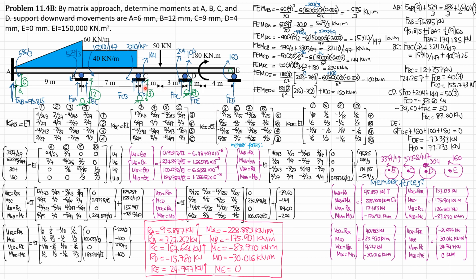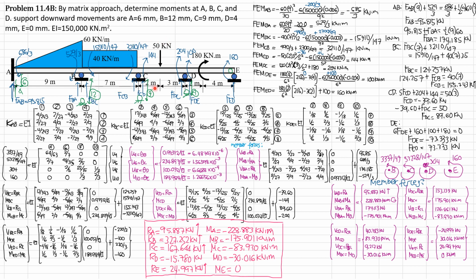This is node B where theta is 4, mark number 4, C is 6, D is 8, and E is 10. So 4, 6, 8, 10. The numbering is important. So at C, 32110 over 147, that's clockwise, plus 144 clockwise.